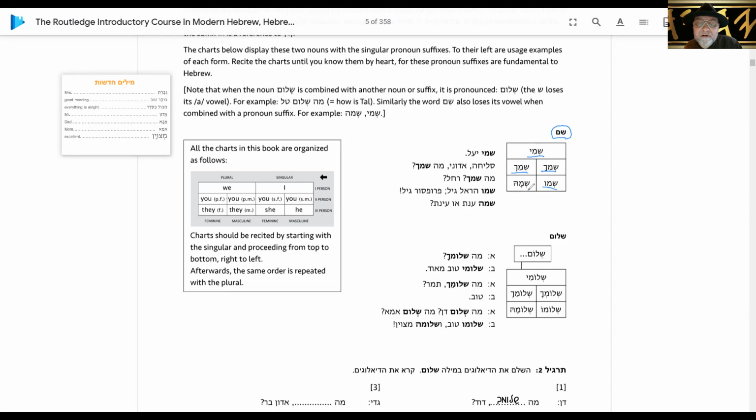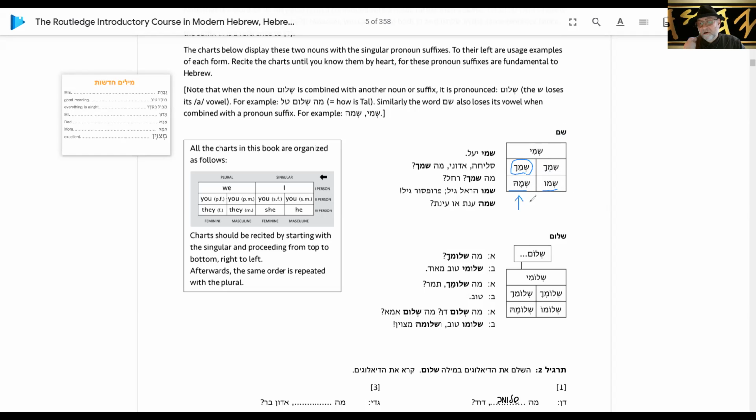And what's this one here? Shema. Yeah. Okay, well, let me get rid of my blue here. See if I can. Shimcha, that's your name. Okay, so this has got to be your name, feminine singular. So Shemo, his name, and Shema, her name.